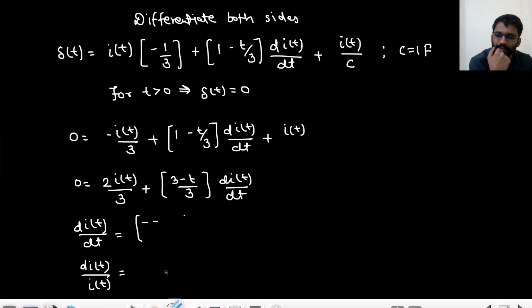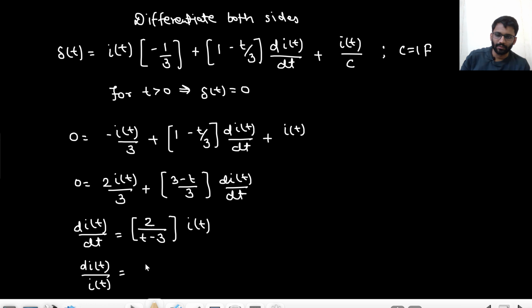This would be the opposite: 2 by t minus 3 into I, right? This will go here. So dI by I equals 2 by t minus 3 into dt, right?